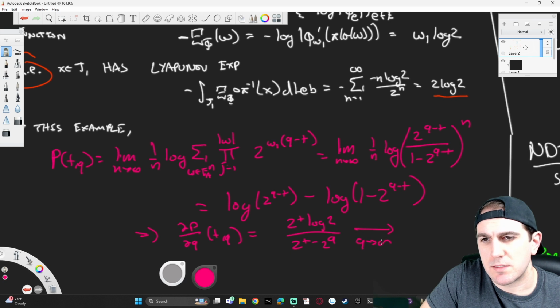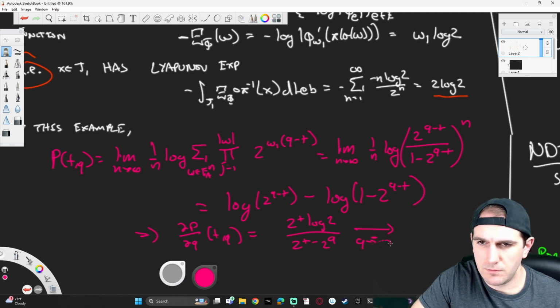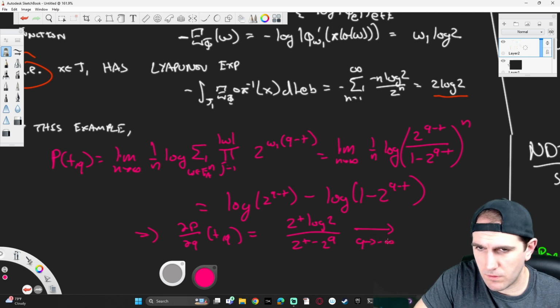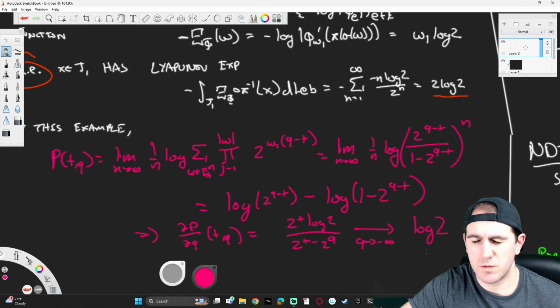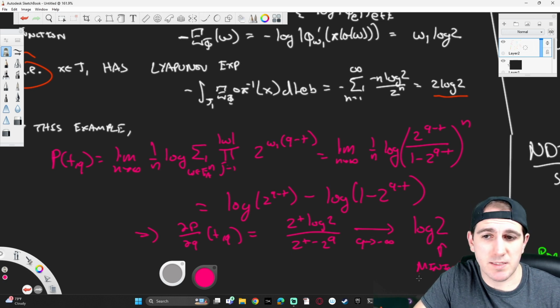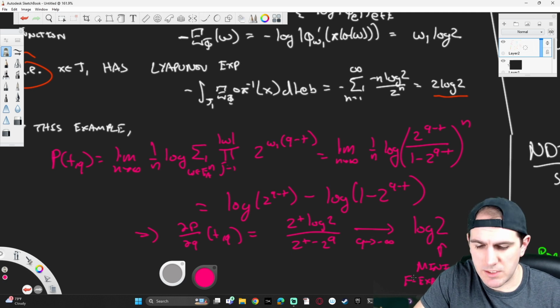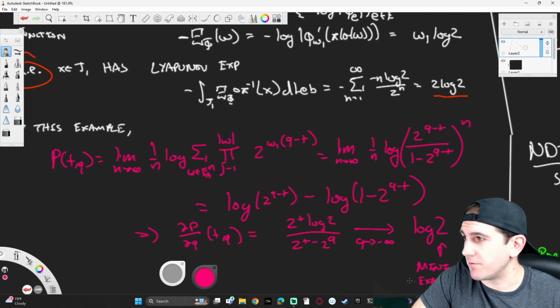And the limit as q goes to minus infinity is just log 2. So this is the extremal, in the sense that it's the minimal F-exponent, which in this case F was the Lyapunov family.